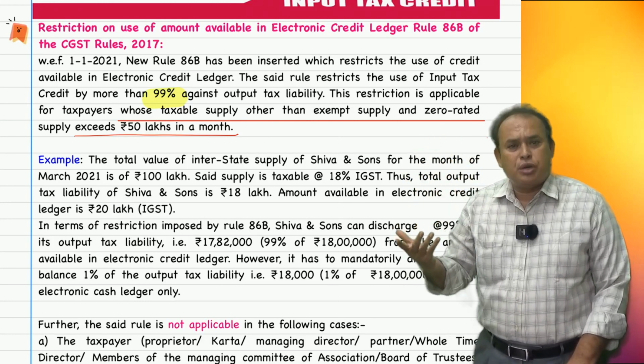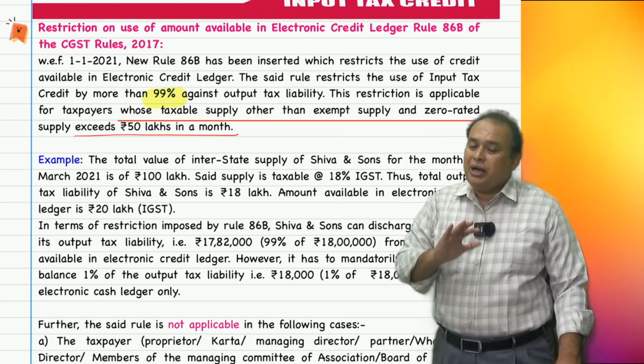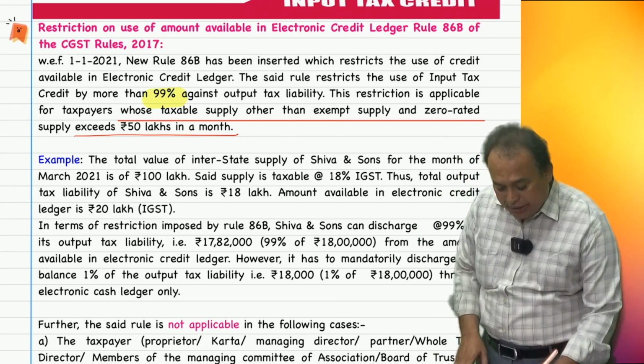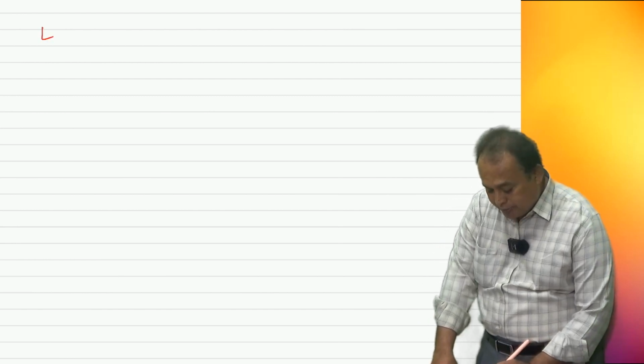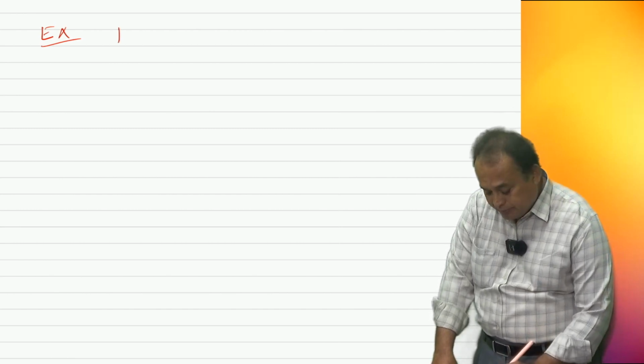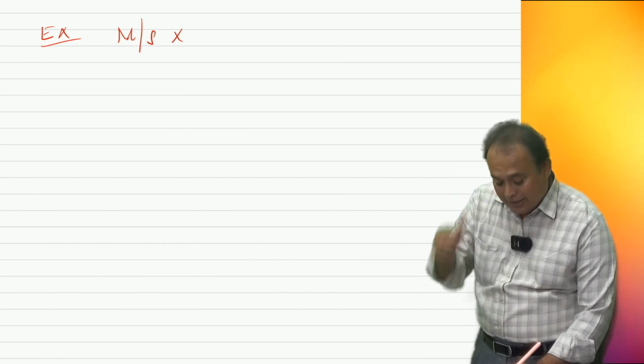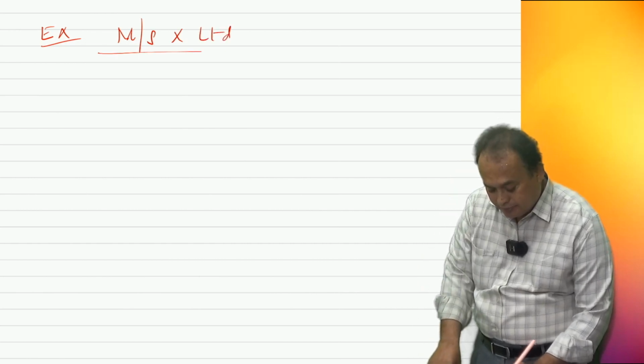The same rule is supported under section 49 subsection 12. What does it say? Look here, my dear sir, I will present one example that will give you a crystal clear understanding in this regard. Sir, X Limited, a registered person.